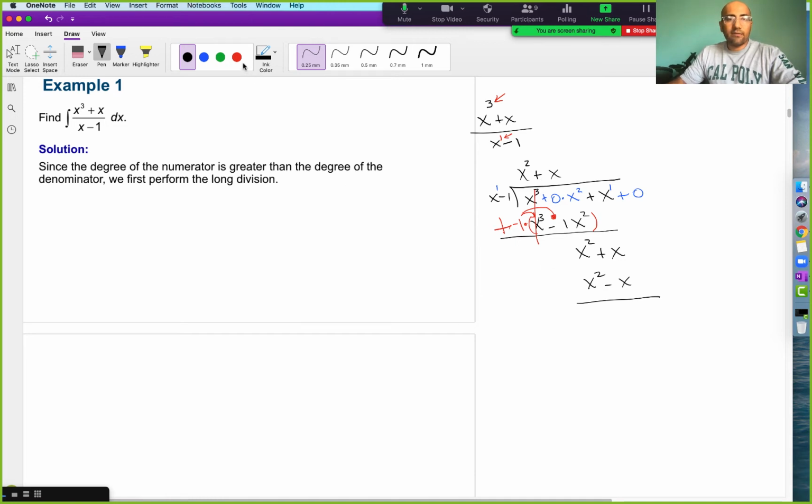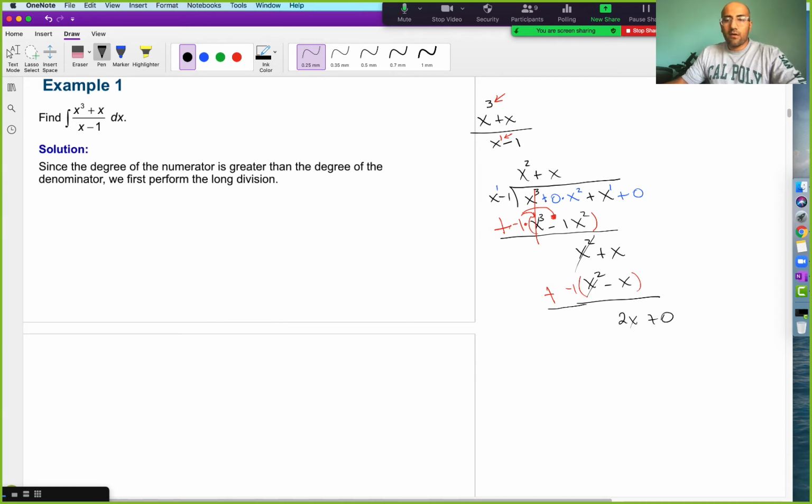Again, I think about distributing a negative 1 and then adding down. So that first term cancels, minus 1 makes it plus x, so this gives me 2x. Good. Bringing down the last term, which is just plus 0.